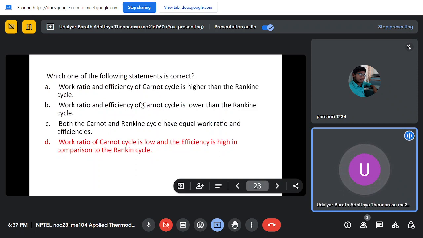So work ratio in the Carnot cycle will be low compared to the Rankine cycle, and efficiency for the Carnot cycle will be the highest. Any other cycle cannot beat that. So the efficiency of the Carnot cycle is high in comparison to the Rankine cycle. So the answer is option D.